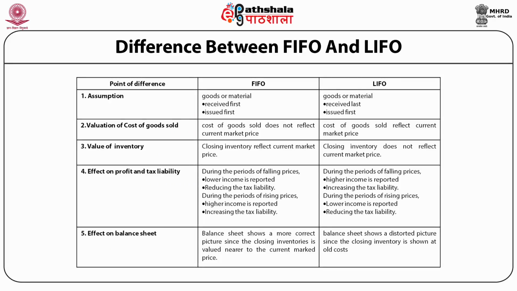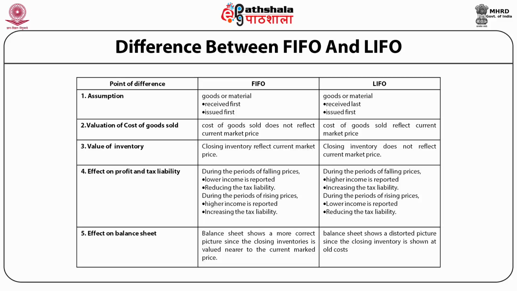The difference between FIFO and LIFO method is shown in this table. Now, the first point of difference is assumption. FIFO is based upon the assumption that goods or material which is received first, issued first. Whereas LIFO is based upon assumption that goods or material which is received last, issued first. Now, second point of difference is valuation of cost of goods sold.